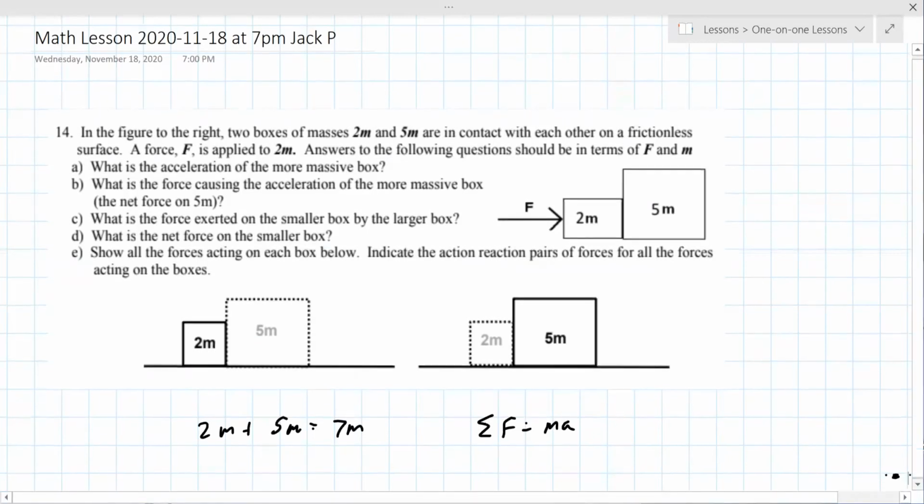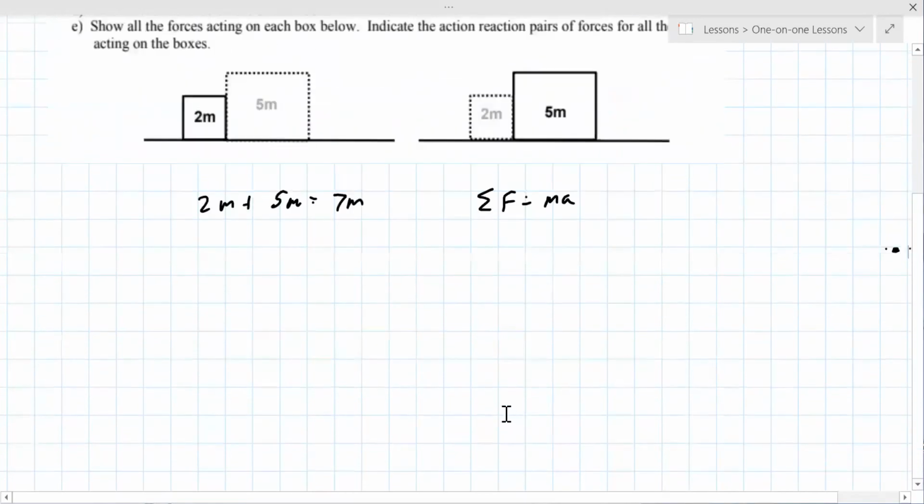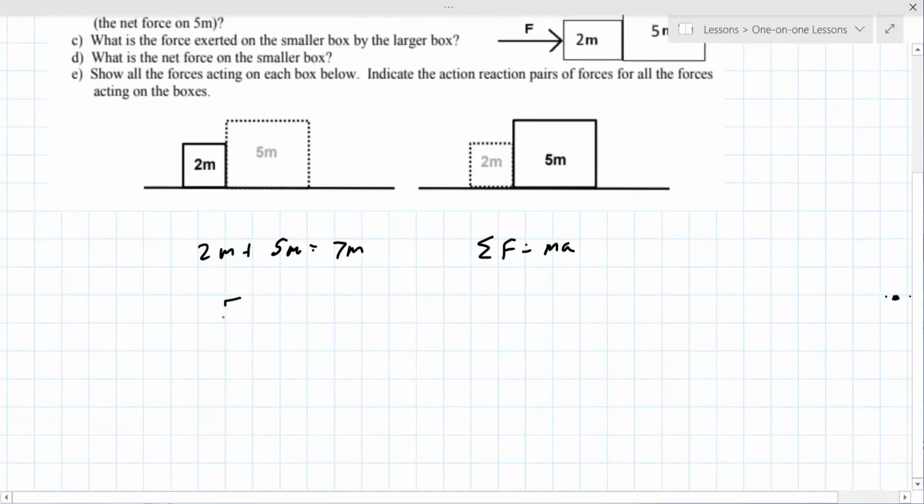So the force here, force equals ma. So acceleration is F over m. Is that okay? What is the mass? Well, it's 7m.